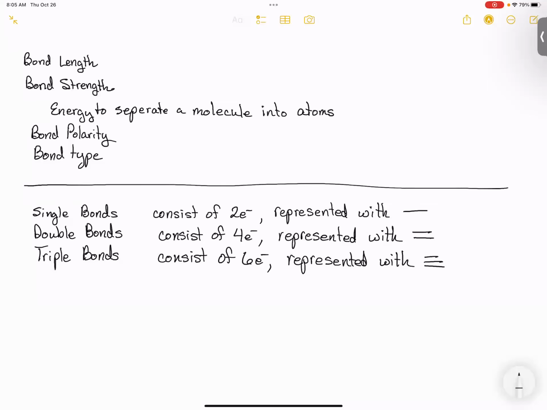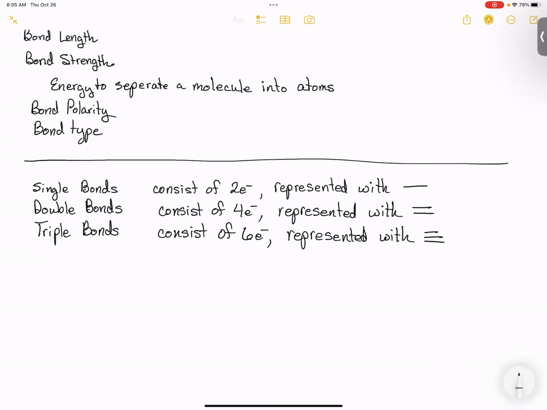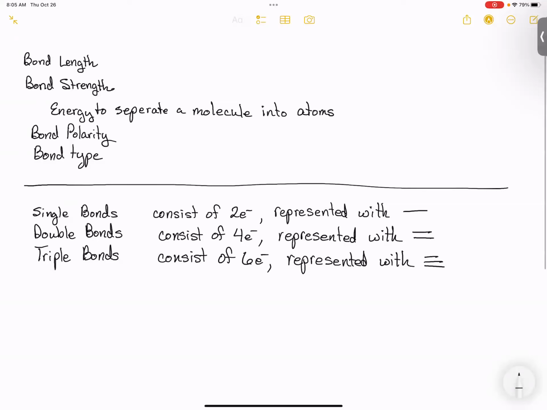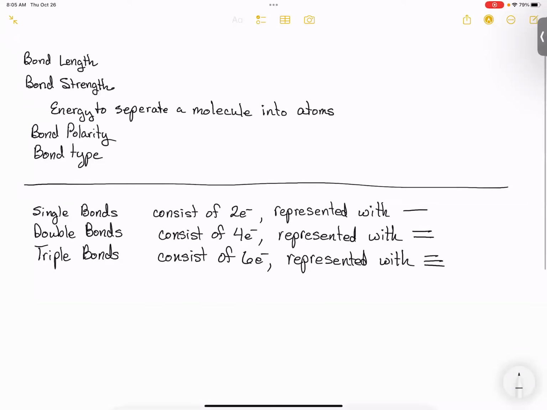But there is one more thing before we can get into bond length and bond strength that we also need to bring up. And that is a reminder of atomic size, because atomic size also will come into play.